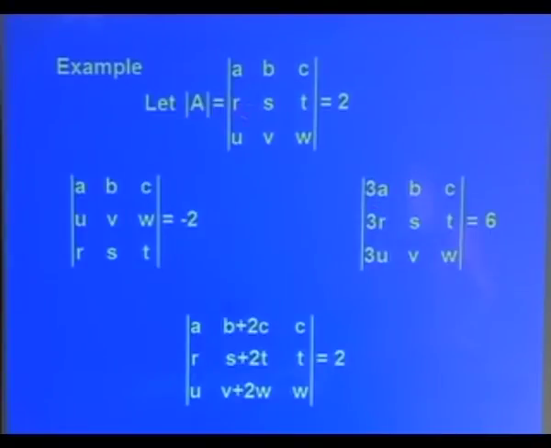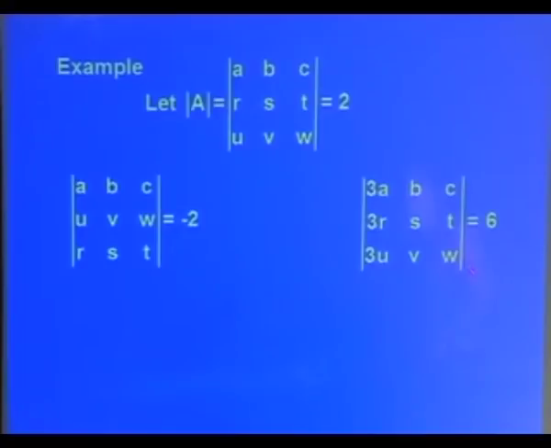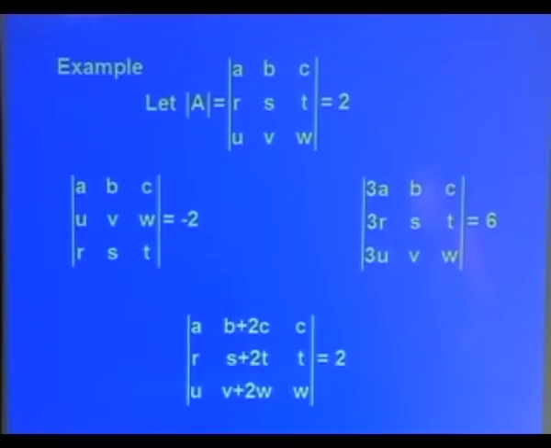This determinant is obtained from this determinant by multiplying this column by 3. So, this column is 3a, 3r, 3u, and the rest of the things remain the same: b, s, v, c, t, w. Since this is multiplied by 3, the effect is 3 times 2, and the final result is 6.